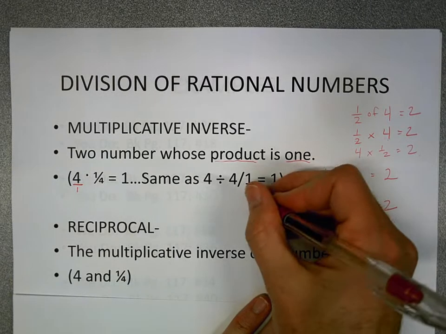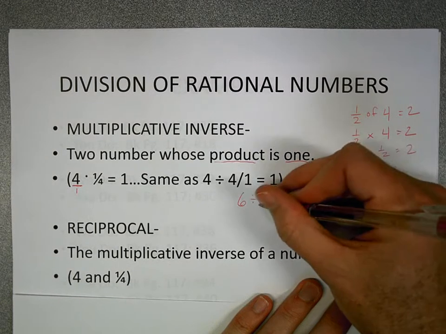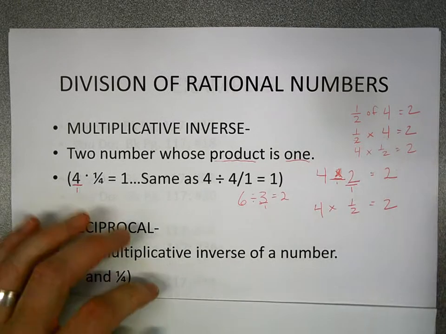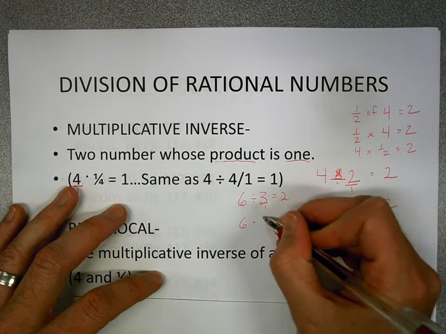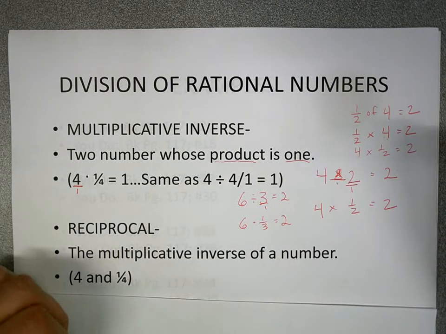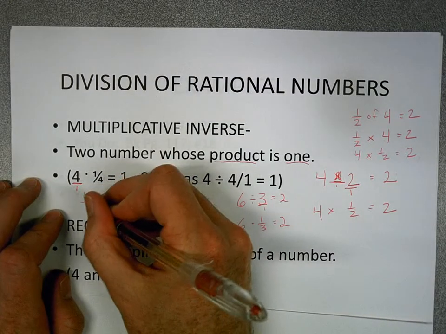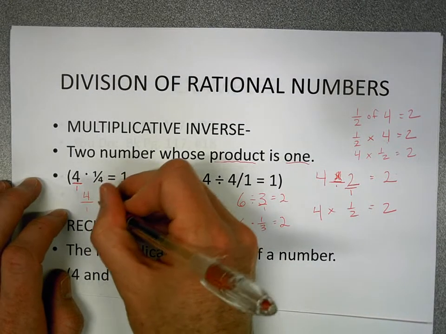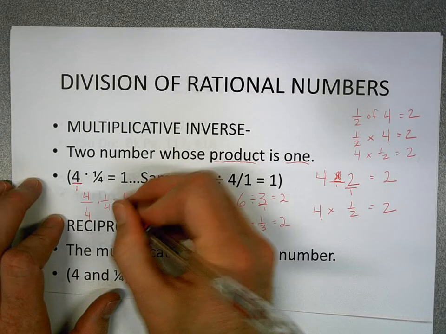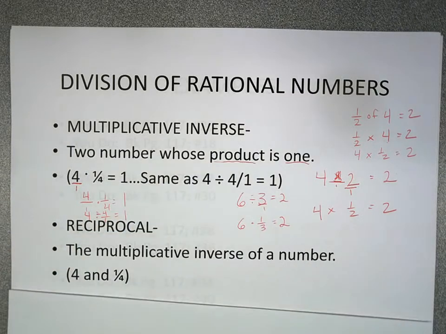Watch. 6 divided by 3 is equal to 2, or 6 divided by 3 over 1 is equal to 2. 6 times 1/3 is equal to 2. And in our example, 4 over 1 times 1/4 is equal to 1. 4 divided by 4 over 1, or divided by 4, is equal to 1.